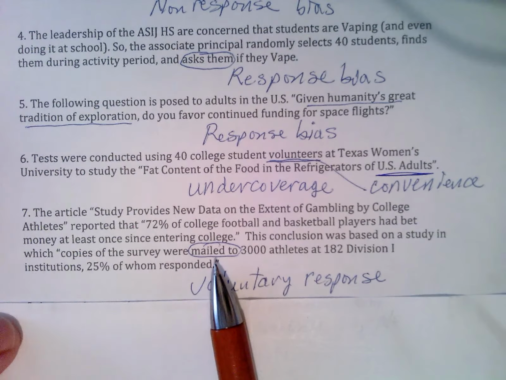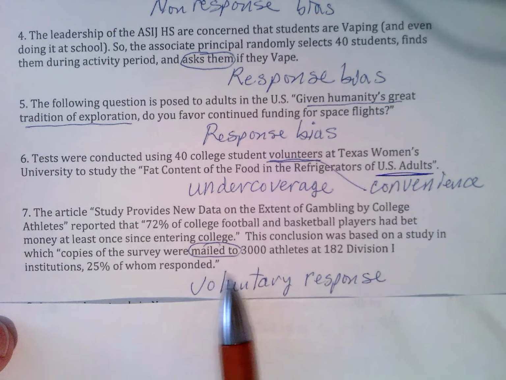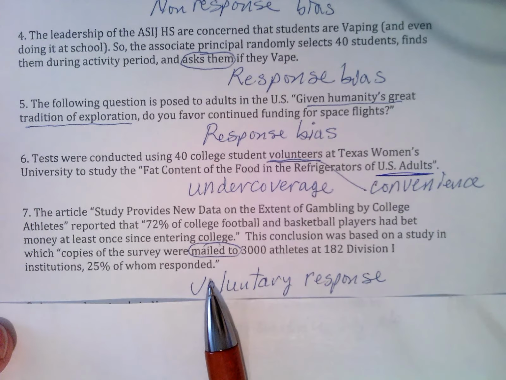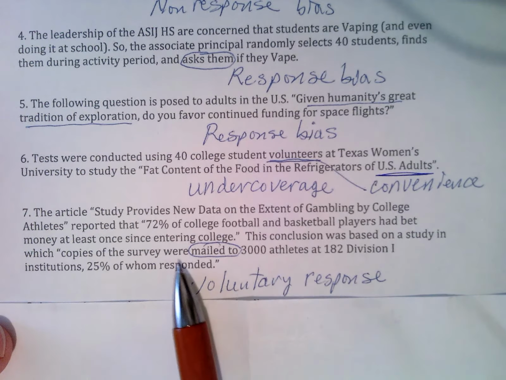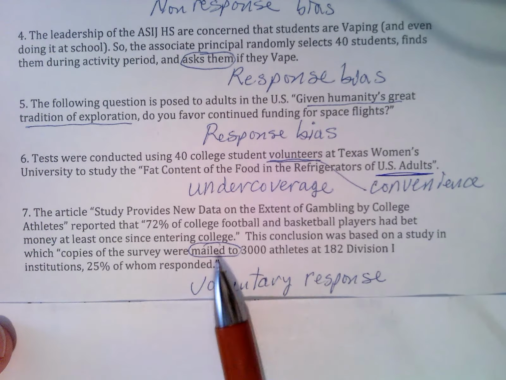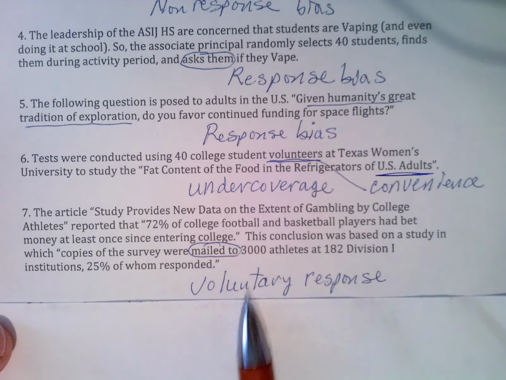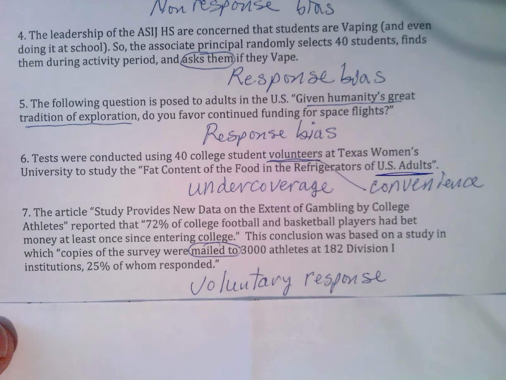So maybe they're not going to answer honestly unless they're really, really sure it's anonymous, right? So that's a problem too. So this has a lot of problems to it, right? Non-response, and it's voluntary, and it could be a little bit of response bias because they're worried about getting in trouble.